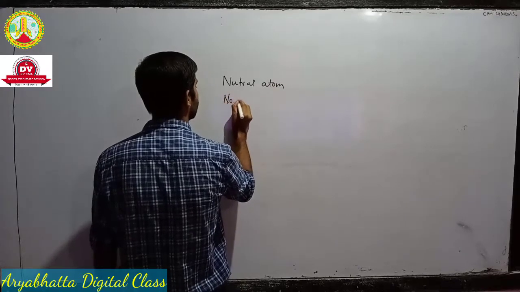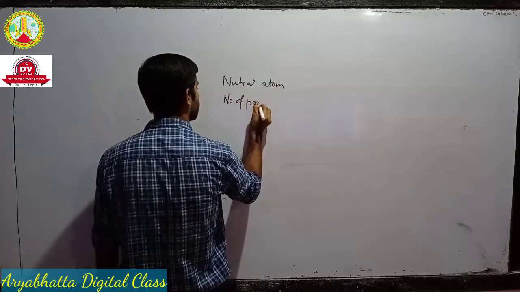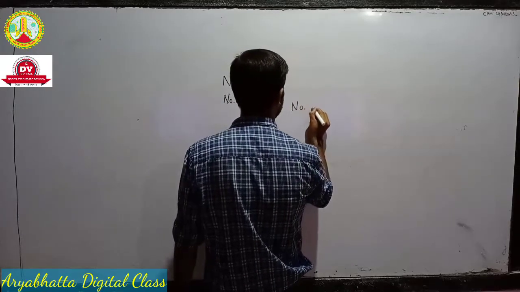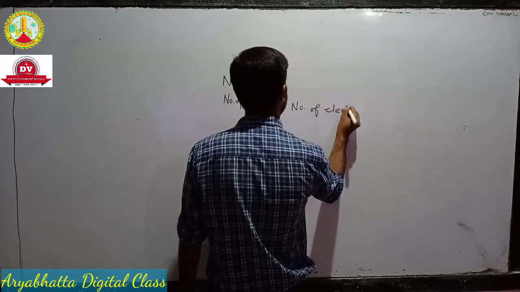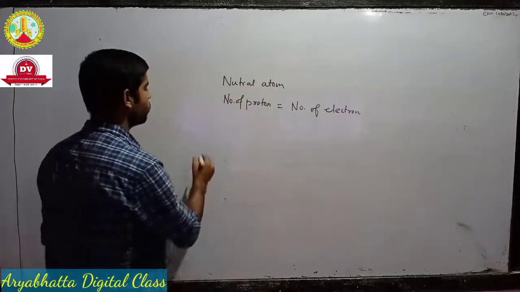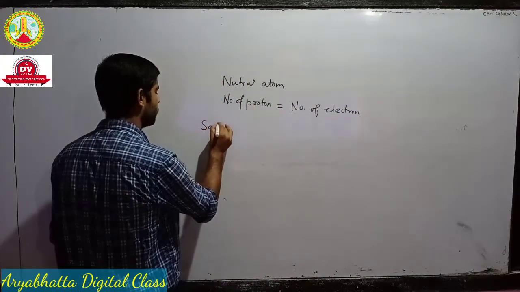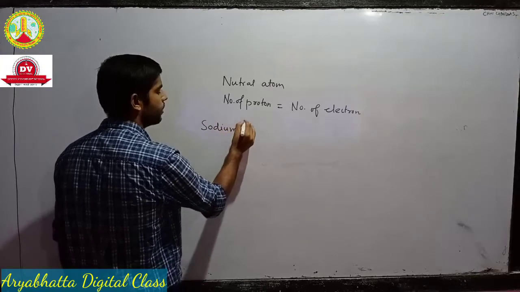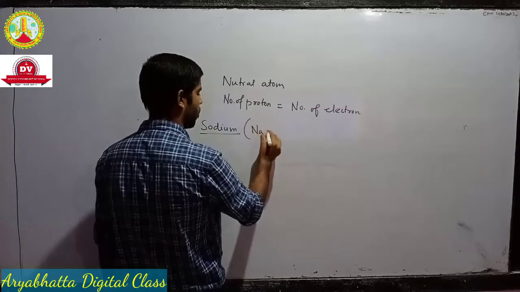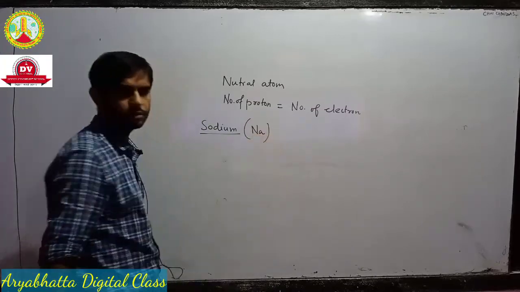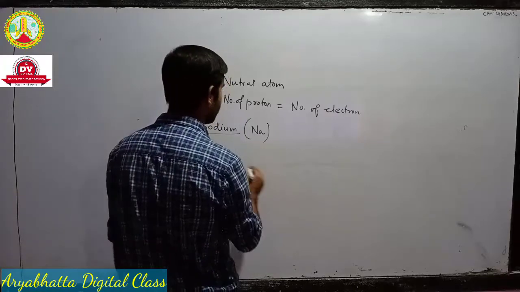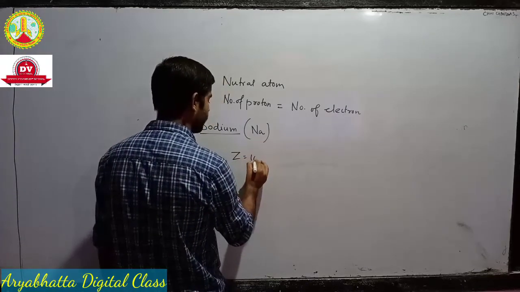the number of protons is equal to the number of electrons. Suppose we are talking about a sodium atom. Sodium is represented as Na, this is the symbol for sodium.